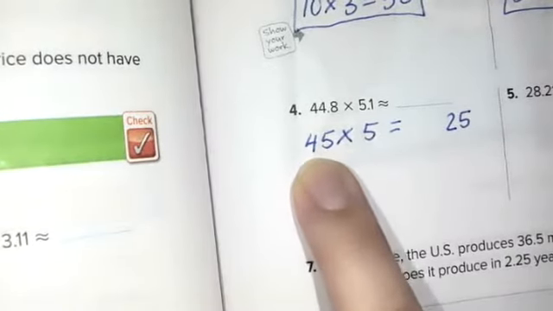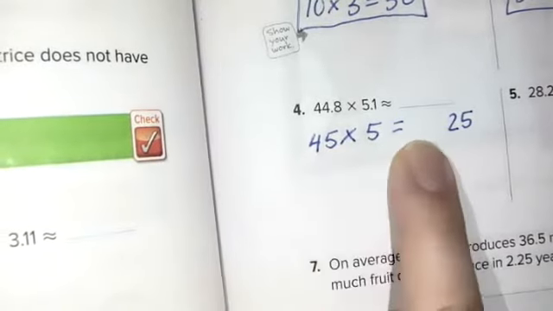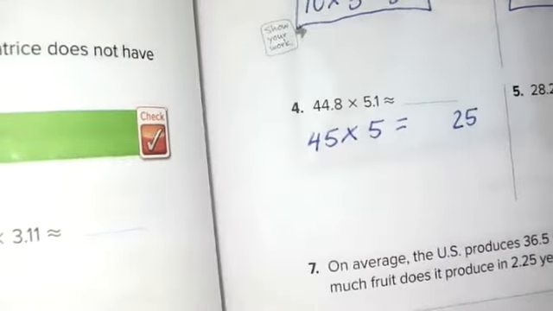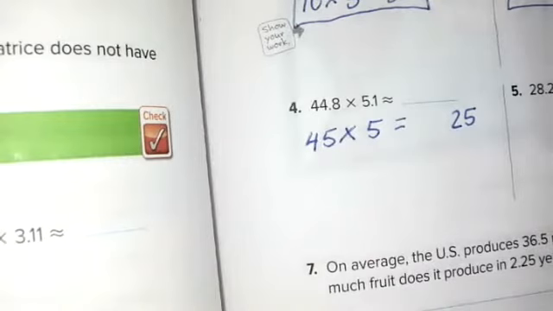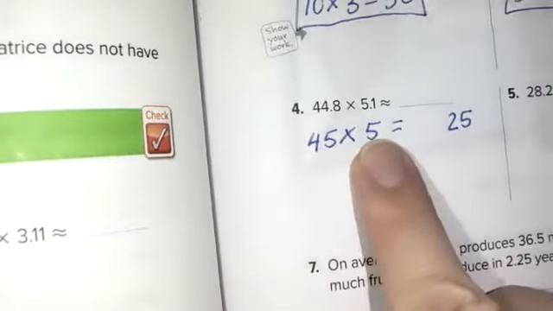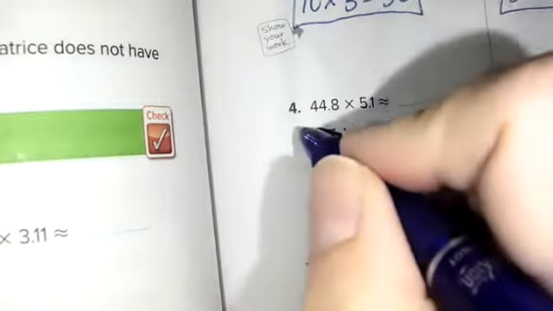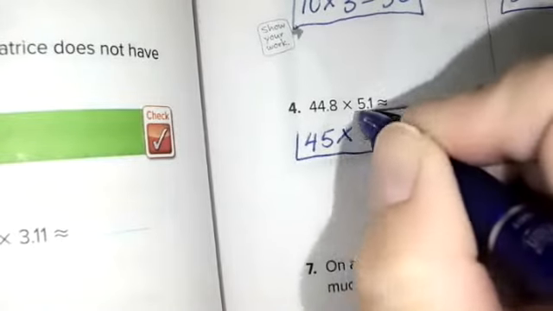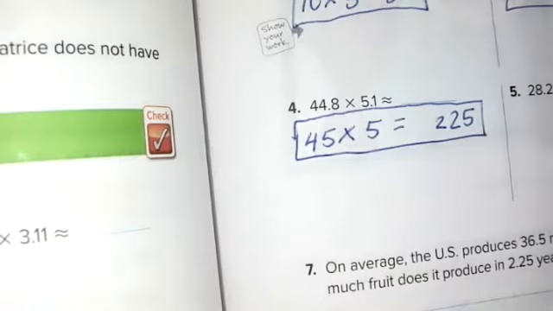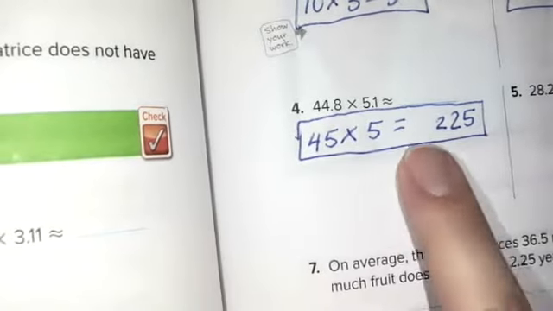And then I can also do 40 times 5 in my head. 4 times 5 is 20, so 40 times 5 is 200. So this would be 225. If that was too many steps thinking out loud, I'm going to actually write this down. This is a good answer. I'm happy with this.